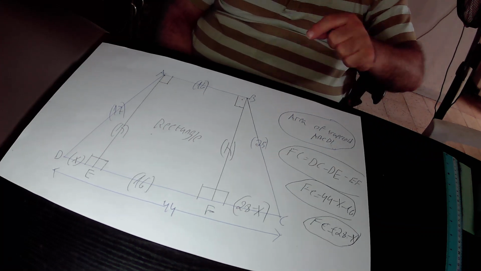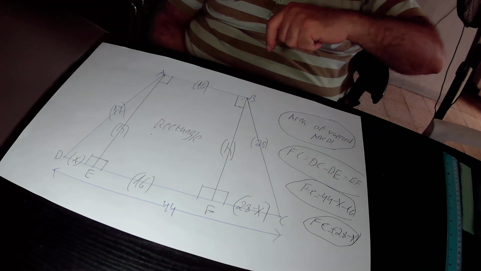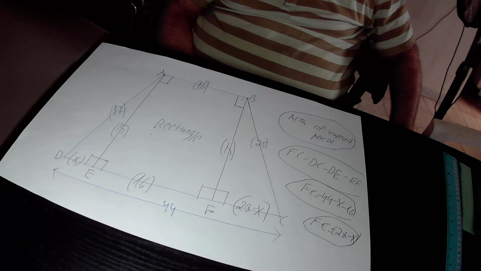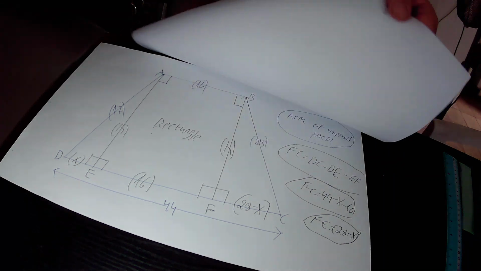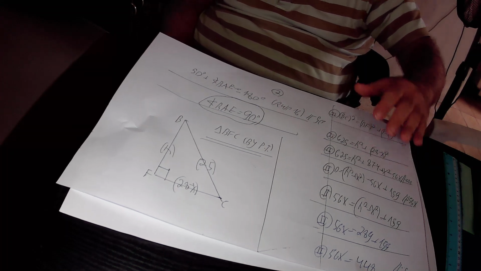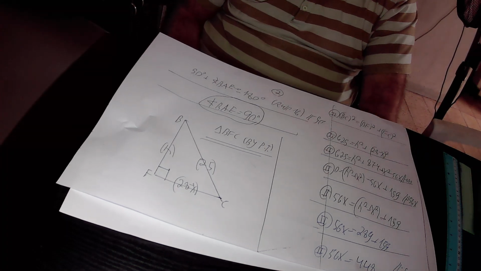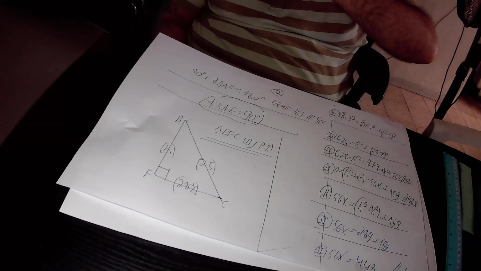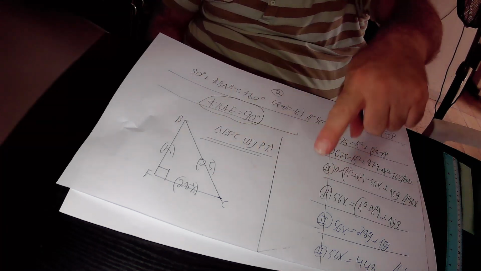In the next step, I copy the right triangle BFC onto a new page and apply the Pythagoras theorem in this right triangle BFC. This is the right triangle BFC that I copied from the original drawing. According to the Pythagoras theorem, BC squared is equal to BF squared plus FC squared.